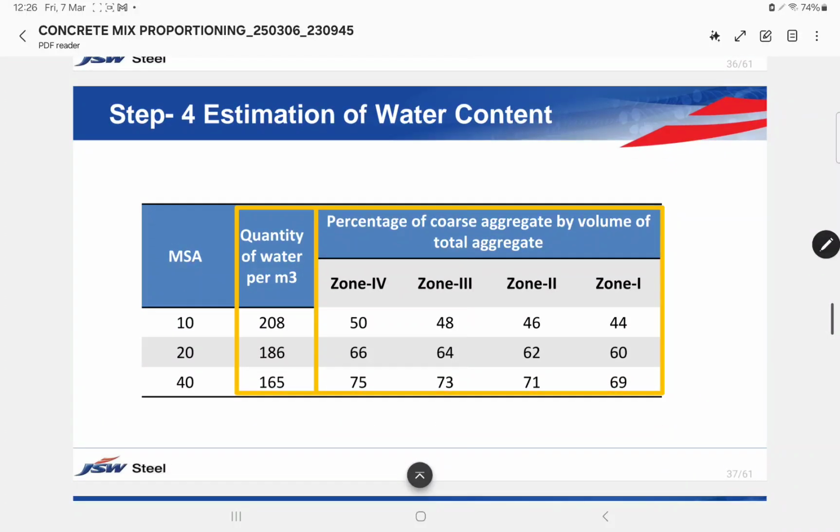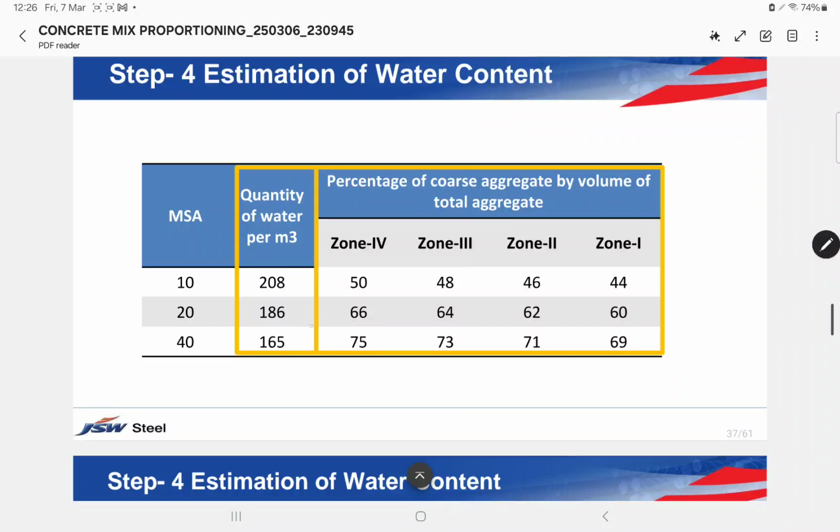Then the next step is to decide the water content. Here for different maximum sizes of aggregate, different quantities of water per m cube of concrete are given. For 20 mm it is 186.